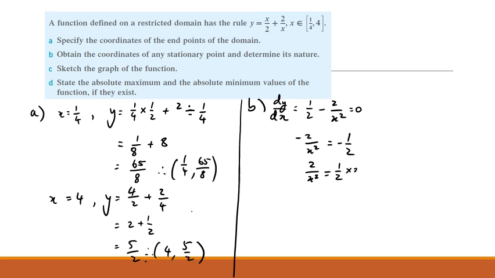So then times x squared on both sides. So x squared is equal to 4. X is then equal to plus or minus 2. Now, because -2 is out of our domain, we only have to worry about x equals 2.